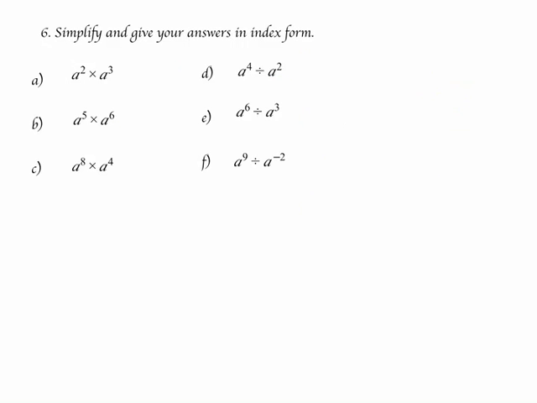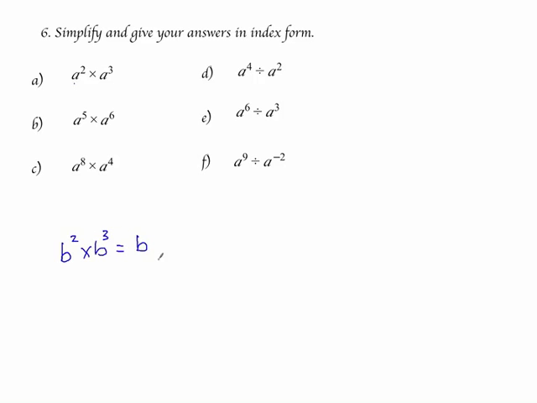Okay, for these next questions, you're going to simplify and give your answers in index form. So instead of there being a number at the bottom here, we have a letter. The same rule still applies. So if I had b squared times b cubed, I know that if I'm multiplying, then my powers will be added together.